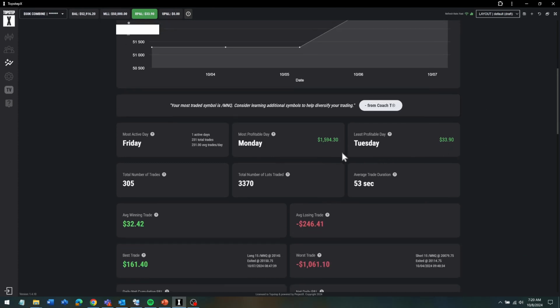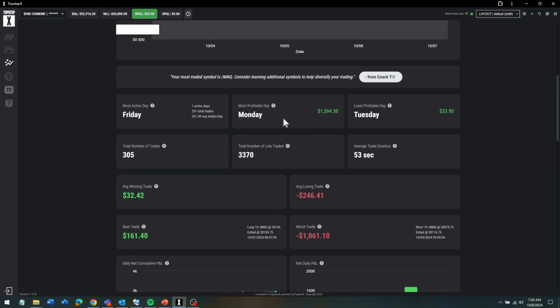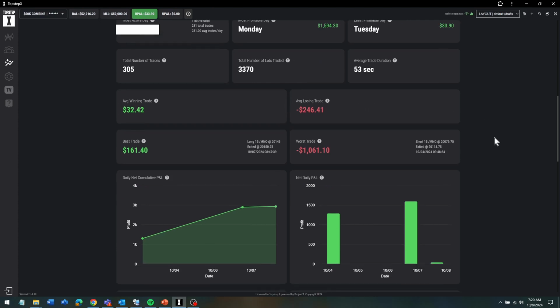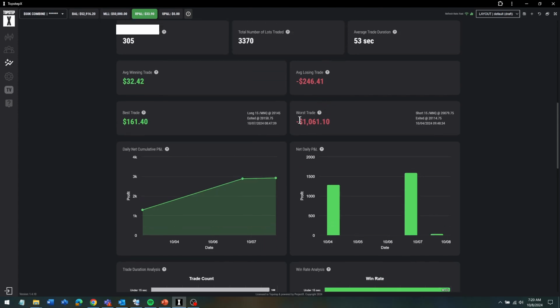If we look here, we can see Friday, Monday, and Tuesday. Average losing trade, average winning trade. My best trade was there. My worst trade was that. That was pretty bad.